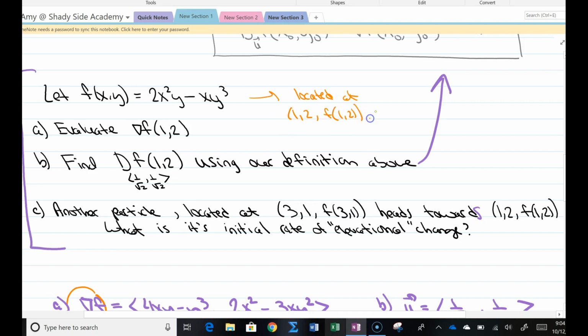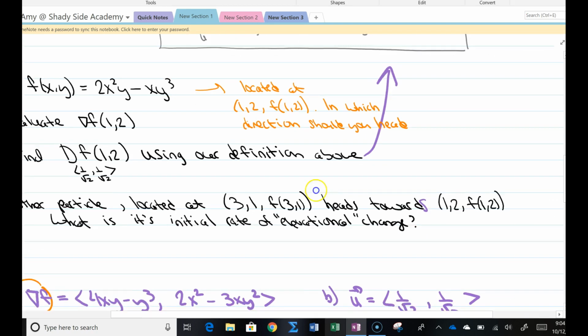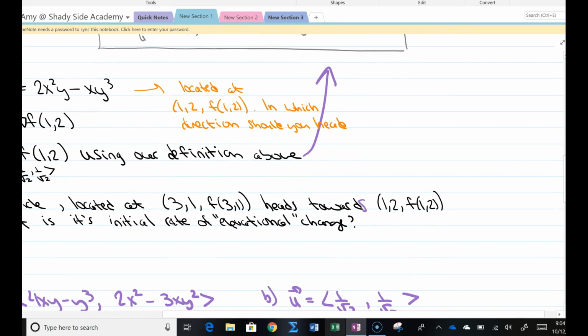And now my question is this: in which direction? Here I'm not giving you the vector. In which direction should you head in order for your elevational change to instantaneously increase by the maximum possible value?